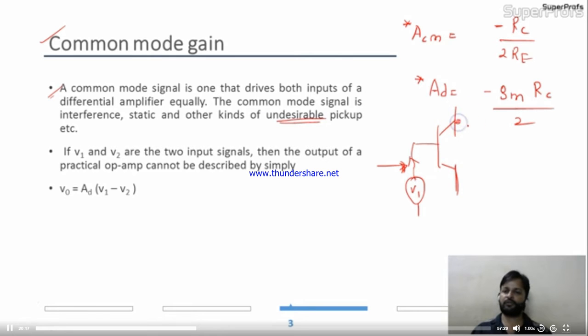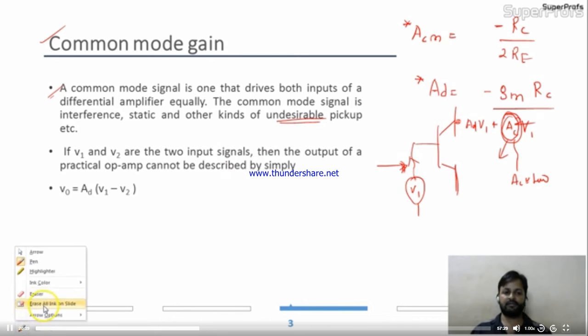At this stage, the output will be AD V1 plus that undesirable signal times its gain. This undesirable gain is unnecessary, and practically this value is very low. This is the common mode gain.